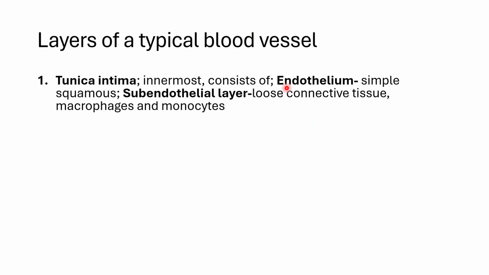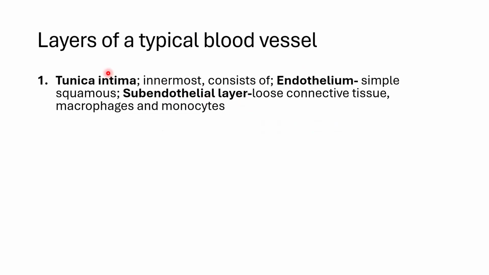For the layers of a typical blood vessel, we start with tunica intima. This tunica intima is the innermost layer. It comprises the endothelium and the subendothelial layer. So the two cell types, of course, you'll have the macrophages, monocytes, and the simple squamous cells of the endothelium.